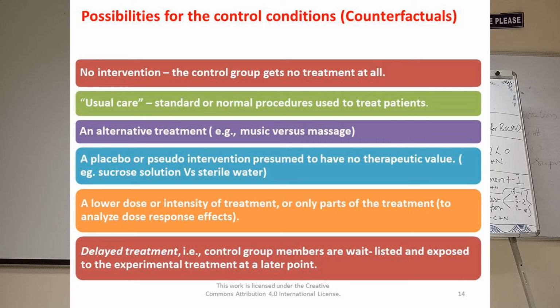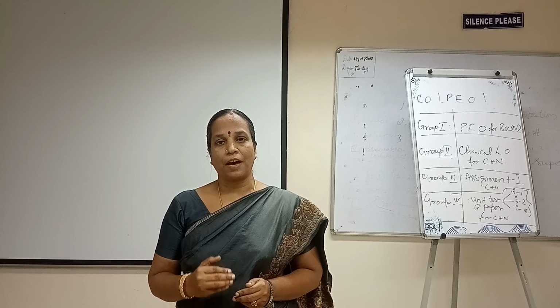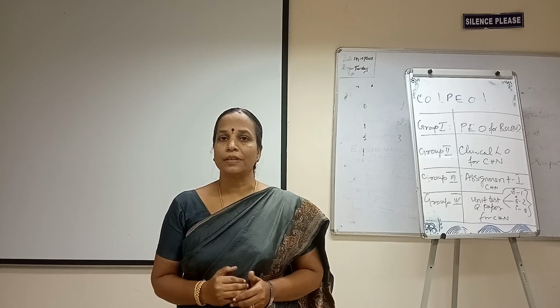So the comparison could be made dose-wise. And the last way of having a control is delayed treatment. That means the control group members are waitlisted and exposed to the experimental treatment at a later point. So these are the various means of having a control for the comparison.